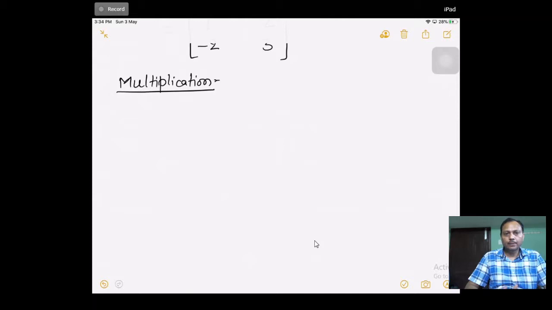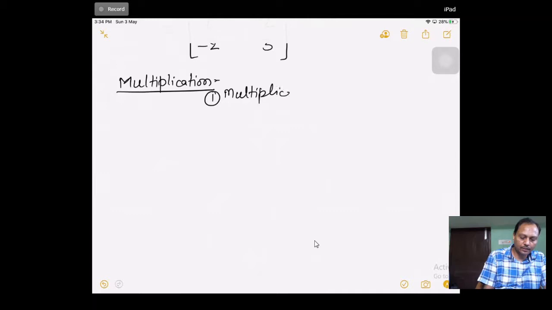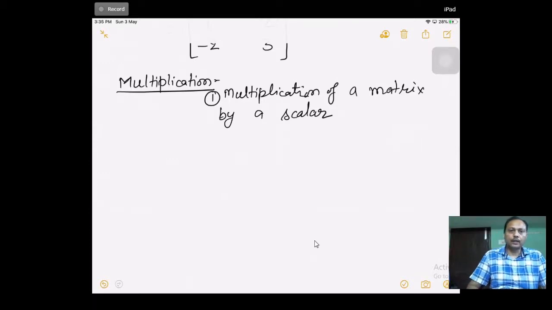The first one is multiplication of a matrix by a scalar. In this condition, if we multiply a matrix by a scalar, then that scalar multiplies with all the elements of the matrix.